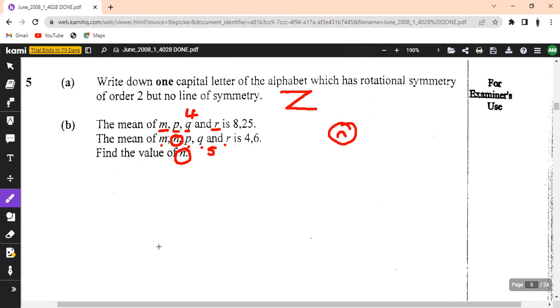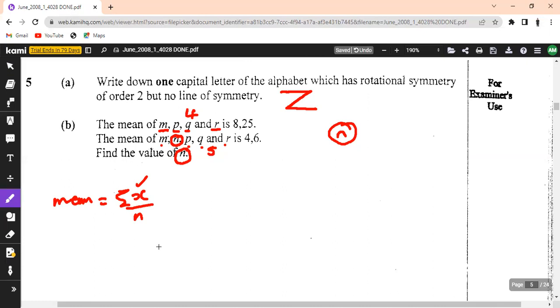Remember, guys, I told you that mean is equal to the sum of terms over the number of terms. That is your mean. So the sum of terms, in this case, is the one that you are referring to.